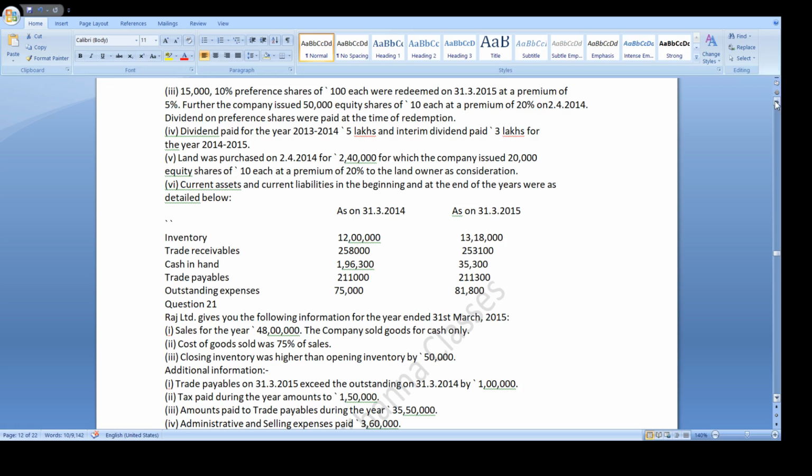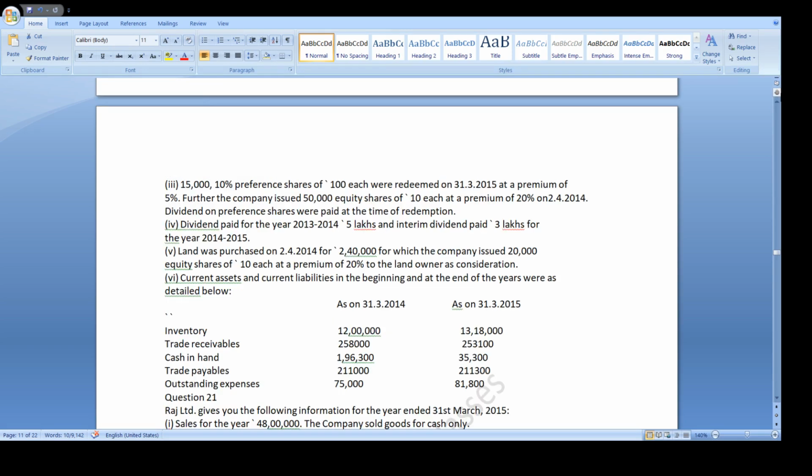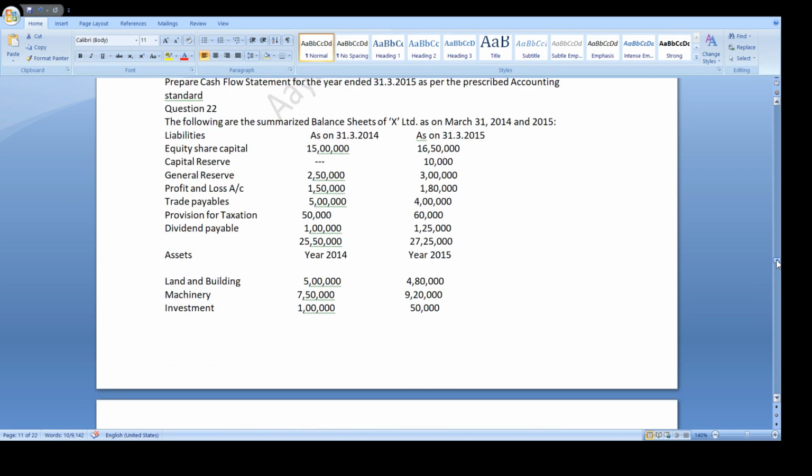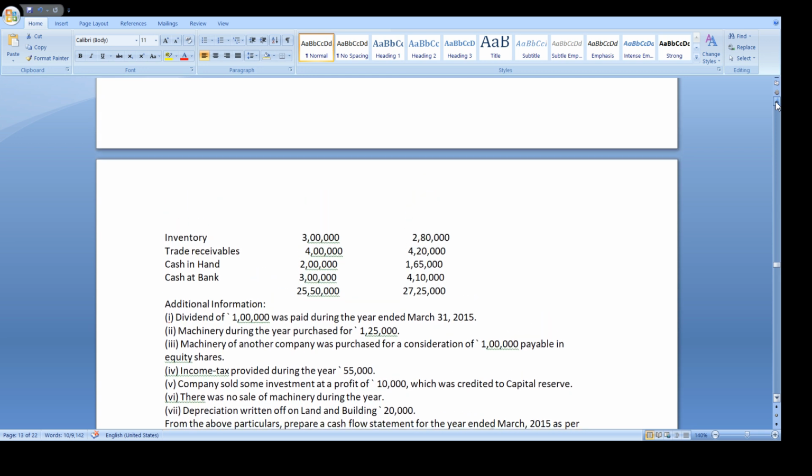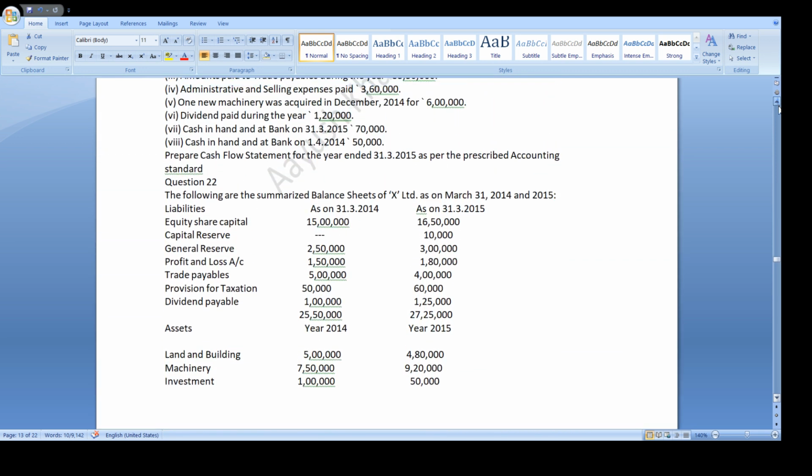And if you have any problem, you can comment freely at any time. I'll solve it. I'll explain there. I hope you got it from question number 14 to question number 22. There are approximately 9-10 questions of this chapter which I've prepared.